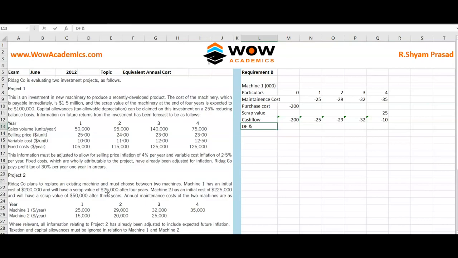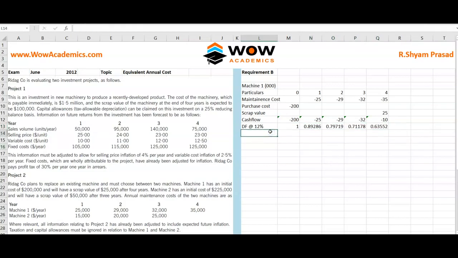Now we have to have the discount factor. The discount factor is at 12%, that's the before tax WACC. So we'll start. The 0th year it is 1 and from the first year it is going to be, so we got the numbers.